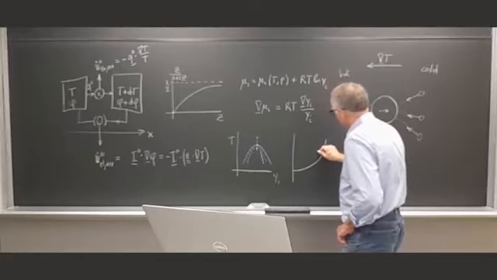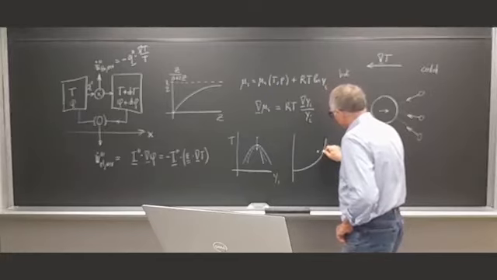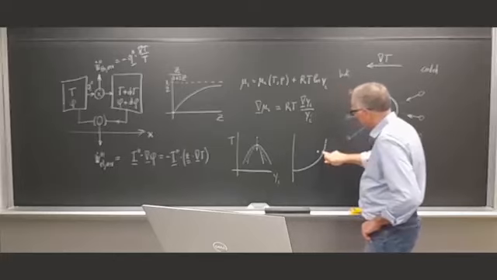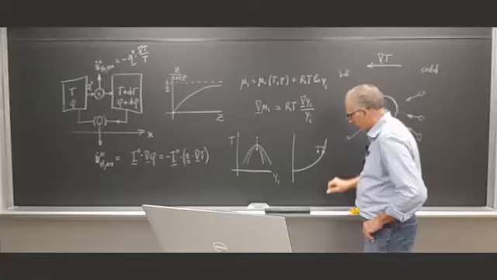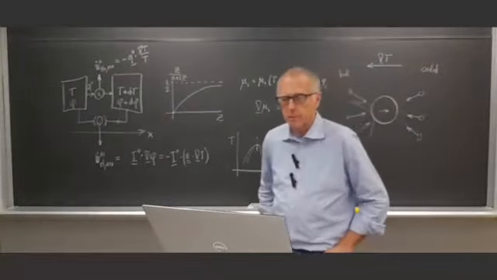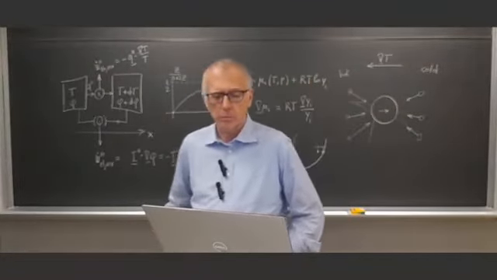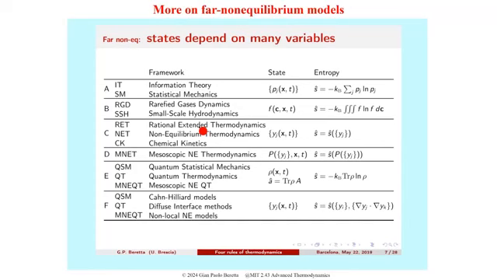Remember the local equilibrium, where we assume that we are at this state, but we're actually not there. And so there is this difference in entropy that we are neglecting if you do local equilibrium, and which is not neglected in these other theories, like rational extended thermodynamics or other non-equilibrium thermodynamics theories.